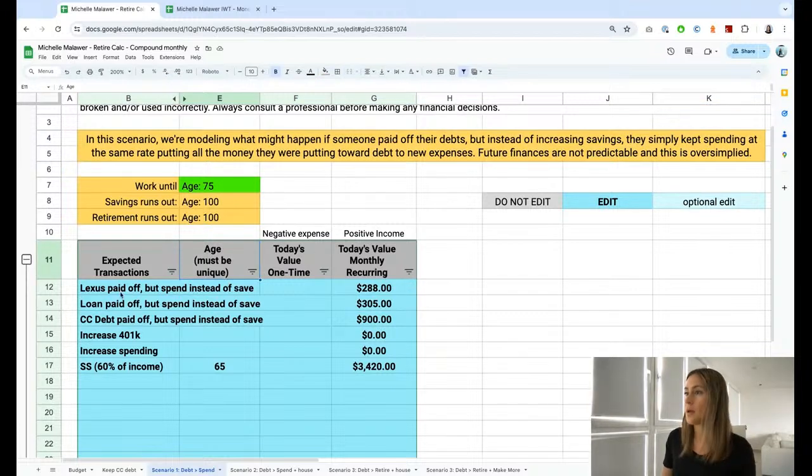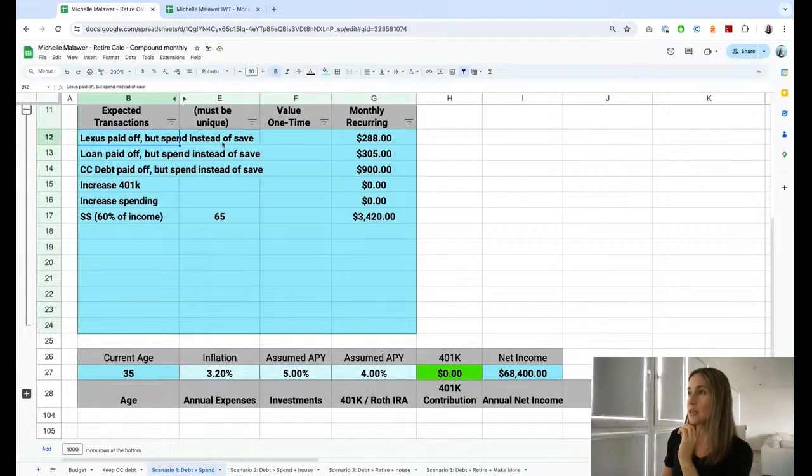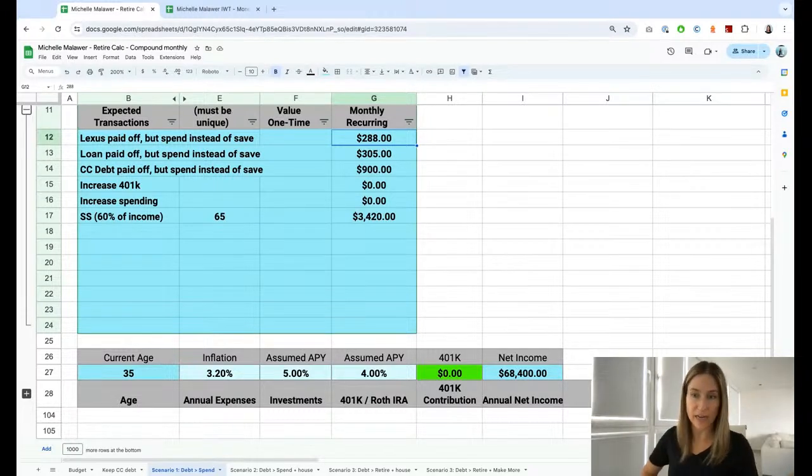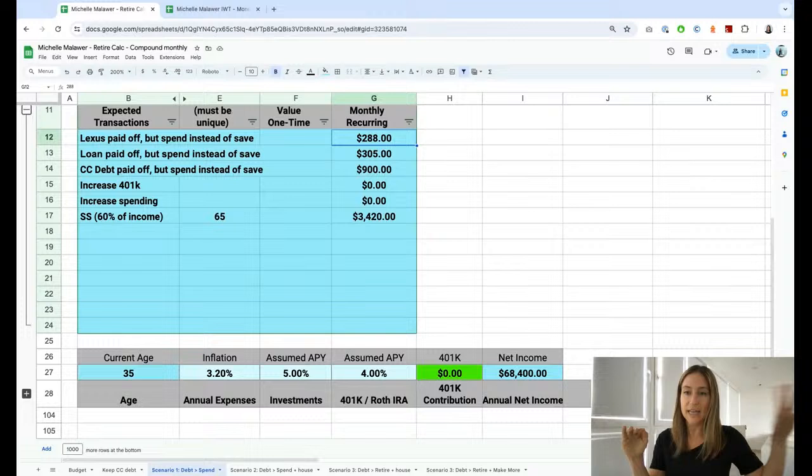But let's say that the Lexus is paid off, but they spend instead of save, which means that this $288 disappears. It doesn't become a positive amount towards savings goals, but it also is no longer a negative amount. You just stop spending this amount, but it goes somewhere else.